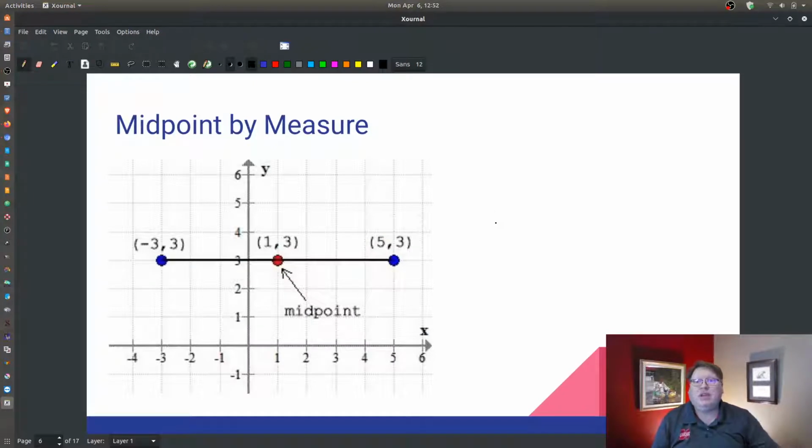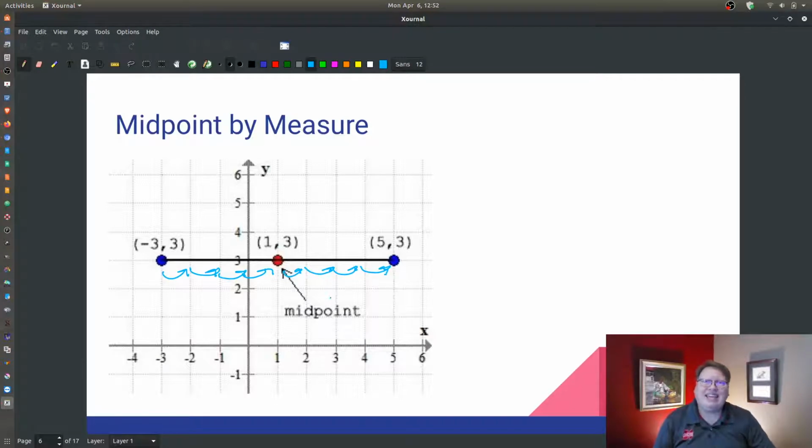Now, if I want to look at finding the midpoint by measure, that's where we talked about having a horizontal or vertical segment. Then I would be able to count right here: 1, 2, 3, 4, 5, 6, 7, 8.